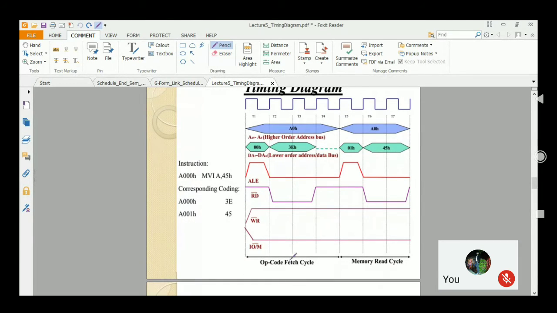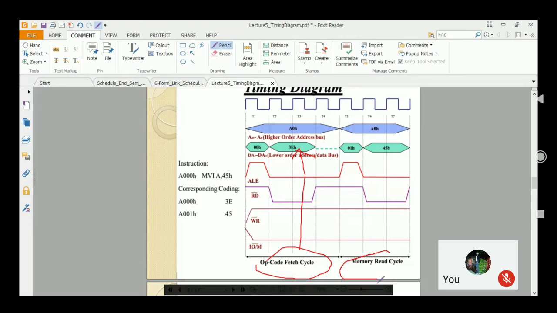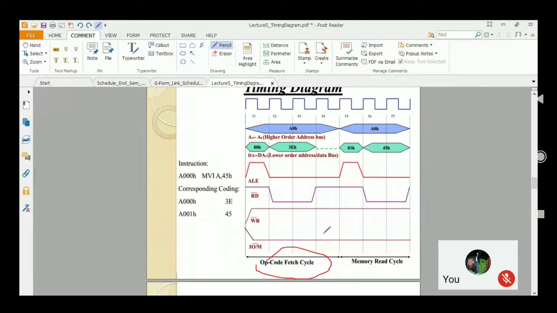So that's why I'm putting here this upward phase cycle for loading this particular value, and this is also reading this value inside the memory. So memory read cycle. Again, in the later part we have the machine cycle.